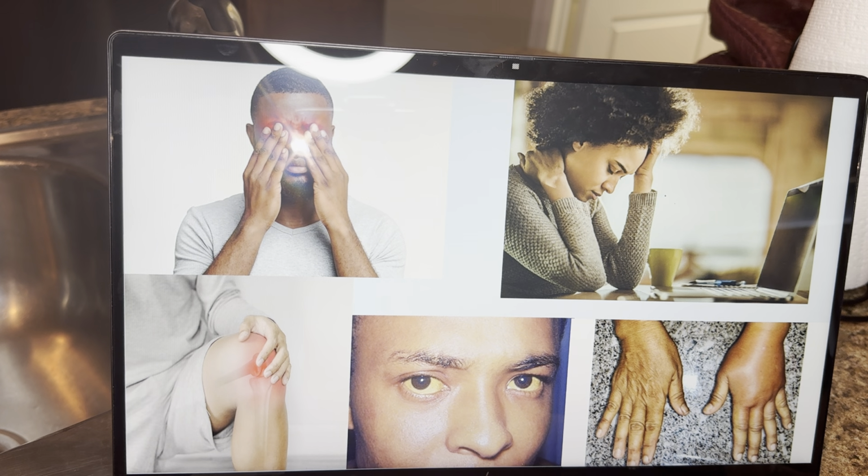So here I've just included some pictures so we can see the hands are swelling very badly. Also jaundice, which is the yellowing of the eyes and the skin, knee pain, vision problems, and just a great amount of fatigue. And this is all again due to not getting enough healthy red blood cells circulating within their body.